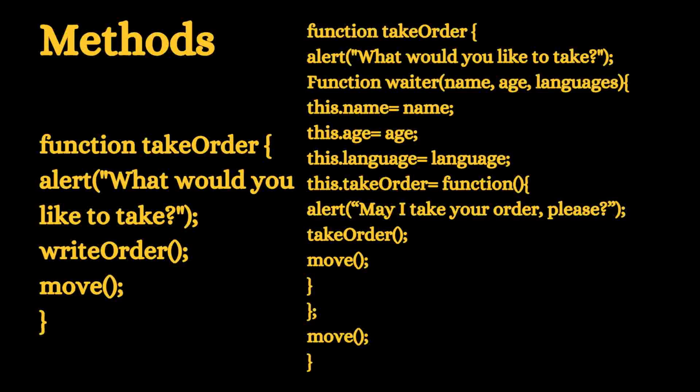As a challenge, I want you to add a method to our manager constructor function. This method is just taking order or order in progress, so that we can get the manager to perform the order. I've used the word manager because we have been using waiter for so long, so why don't we go with manager?